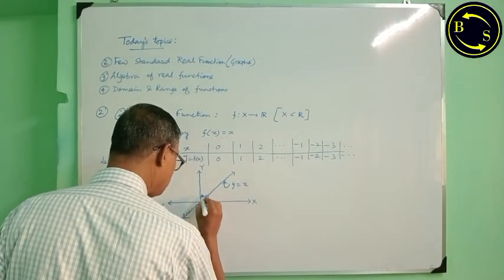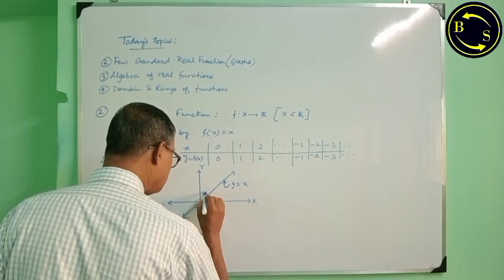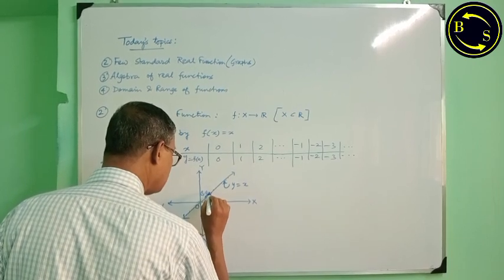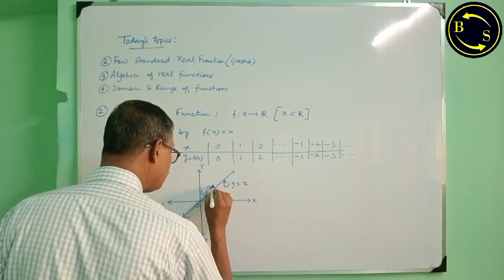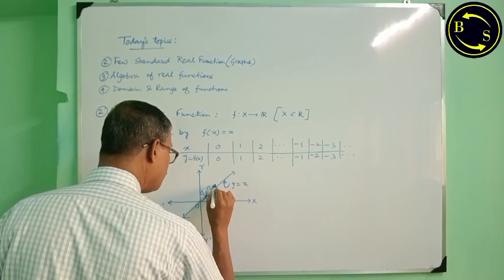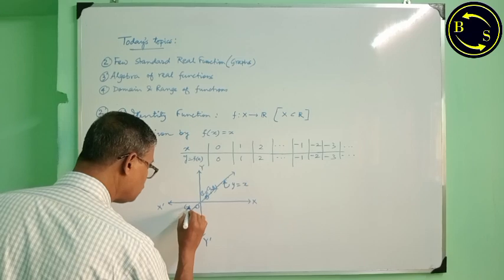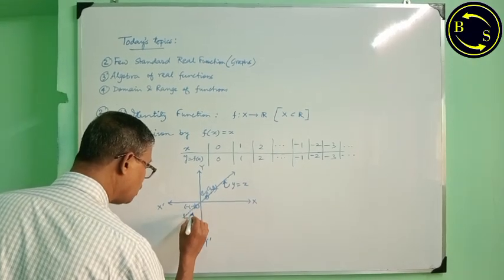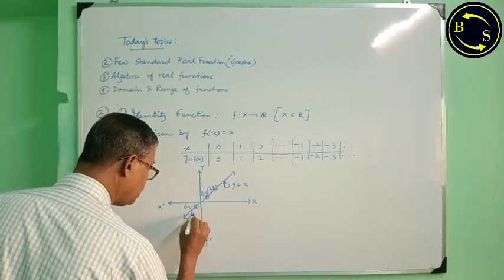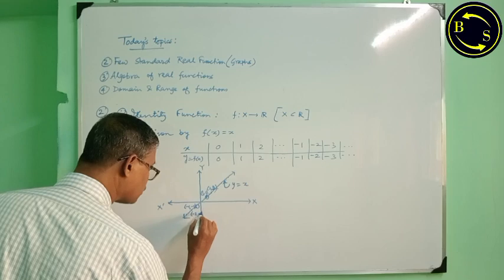If we call this point (1, 1), then this will be (2, 2). This point will be (minus 1, minus 1). Say this point will be (minus 2, minus 2).